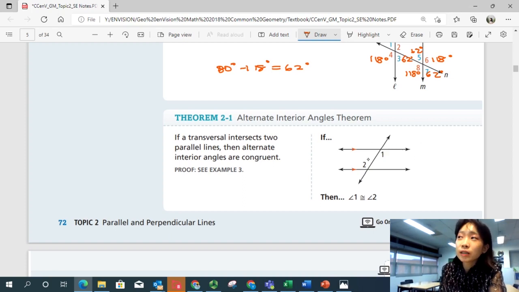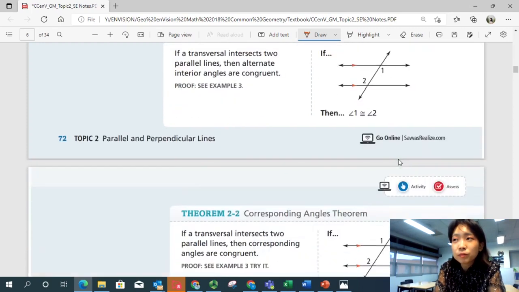Because same side interior angles are supplementary, there's only one angle measurement that would also be supplementary to this angle, which means they're going to be equal, right? So 1 and 2 in this diagram are interior angles and alternating interior angles, and they will be congruent. They have the same measurement.